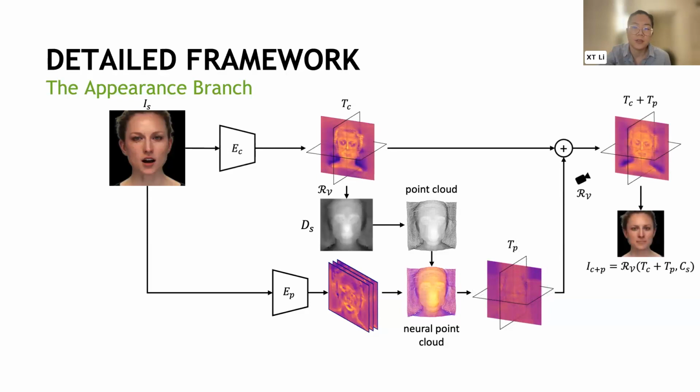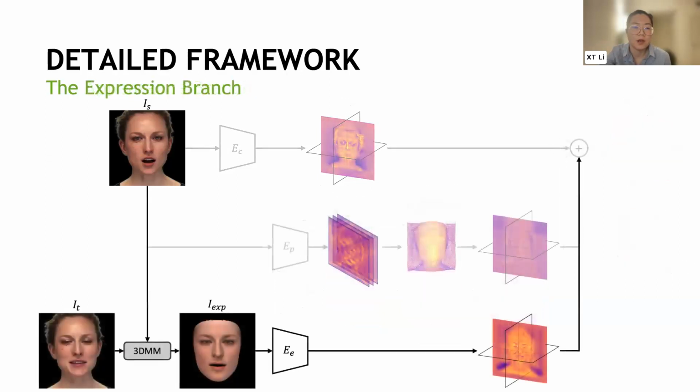Here we visualize the rendered image of the combined triplane, and we can see that this rendered image can reconstruct some facial details, such as the mole on the left face of the person. So the canonical branch and the appearance branch essentially capture the identity of the source person.